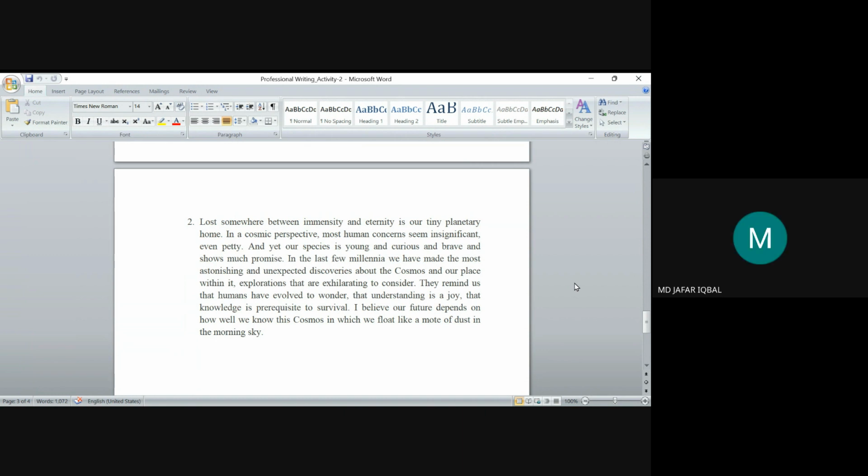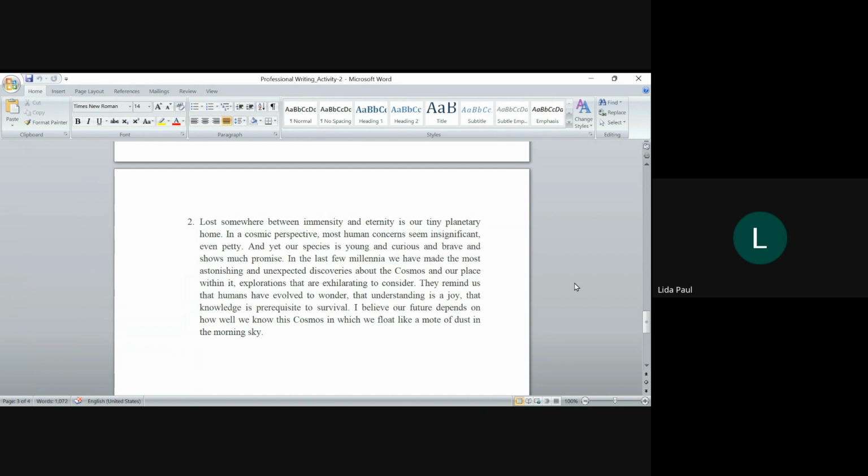Discoveries, and unexpected discoveries about the cosmos. So, lost somewhere between immensity and eternity. This is also actually an indirect reference to the cosmos only, right? So it's just presented in a different way.